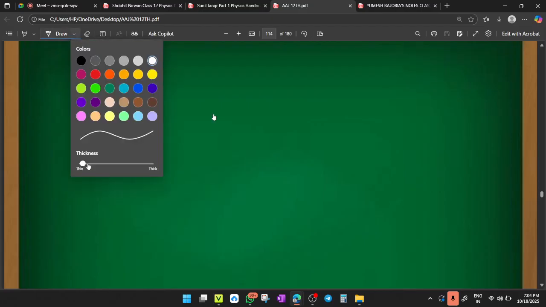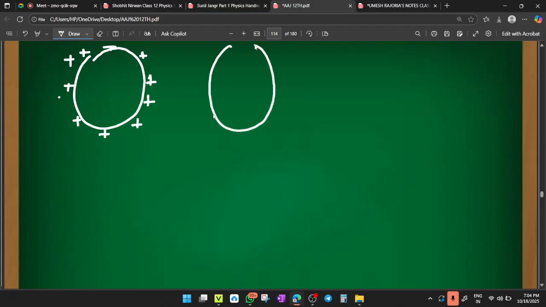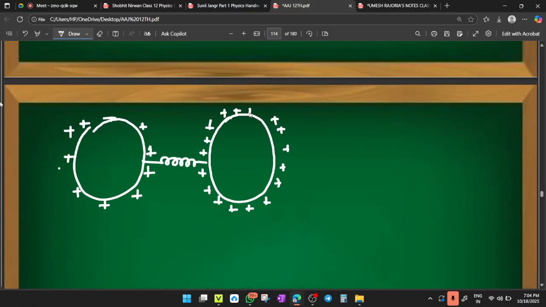When you touch any body, like you have a body positively charged, and you connect this body with another uncharged body directly through some wire, the positive charge also gets spread over this body. This thing is called conduction. So in conduction, there is a direct contact between the two bodies.